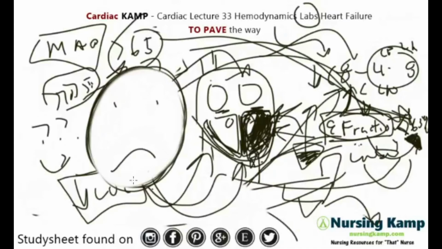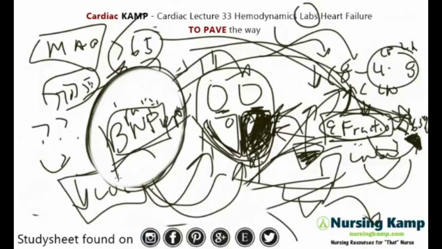And it says, well, I'm going to secrete some BNP, some brain natriuretic peptide. Please see my lecture on BNP. But BNP gets secreted to help pump the heart.